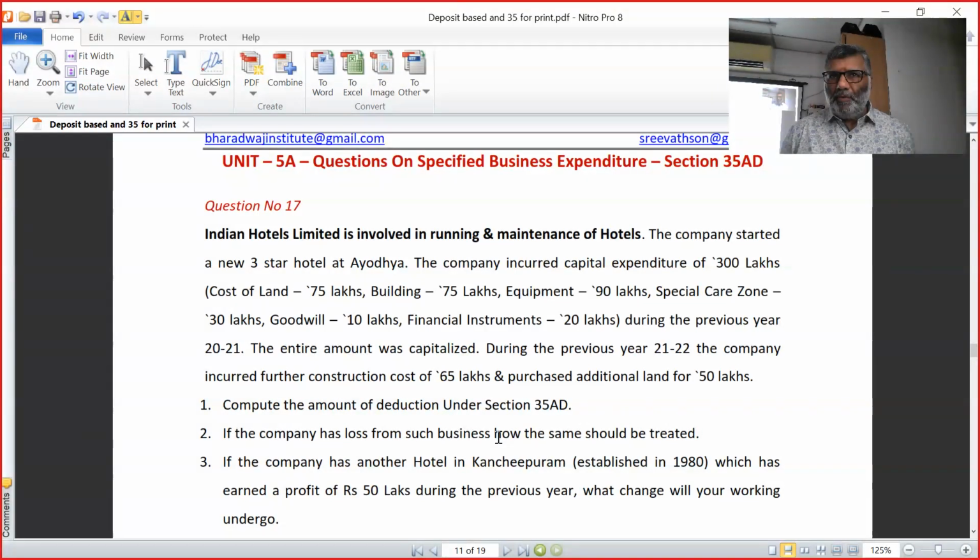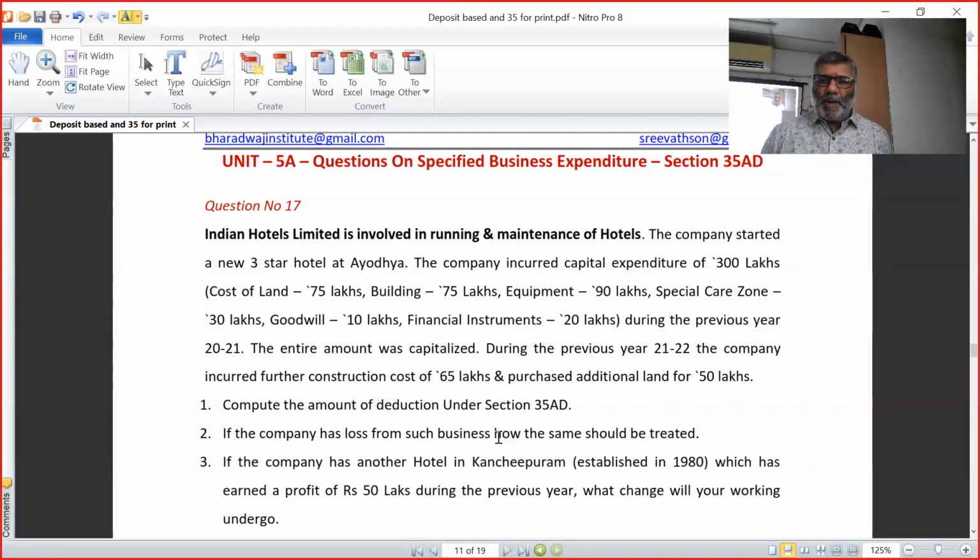Question number 5A, sorry, unit number 5A, question number 17. Indian Hotels Limited is involved in running and maintenance of hotels. It started a new 3-star hotel at Ayodhya.